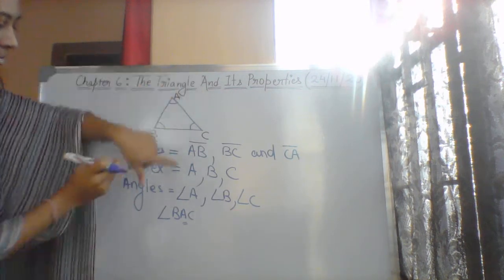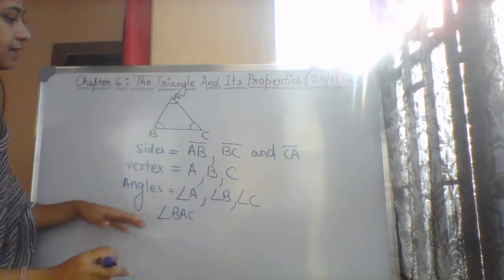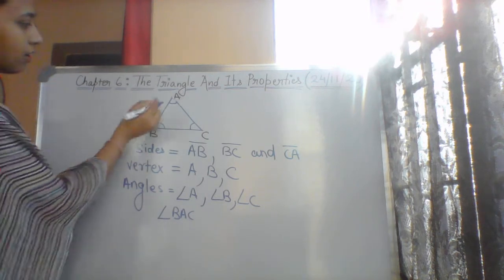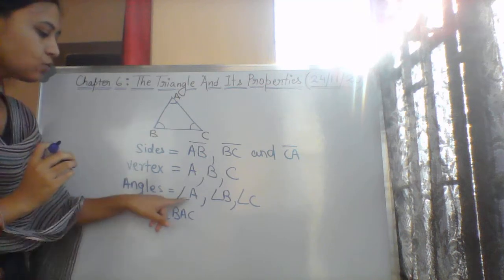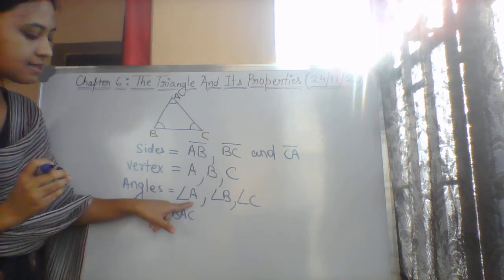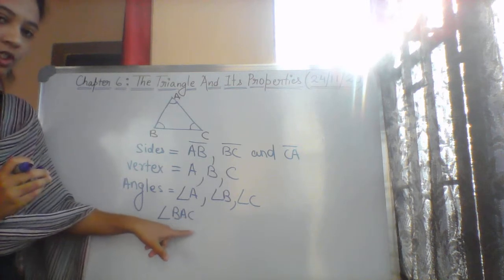This angle A. So it will be more proper if you write angle BAC. It can also be written as CAB. You can start from there also, but since we are going to denote angle A, that A symbol should be in the middle. These two can be interchanged.